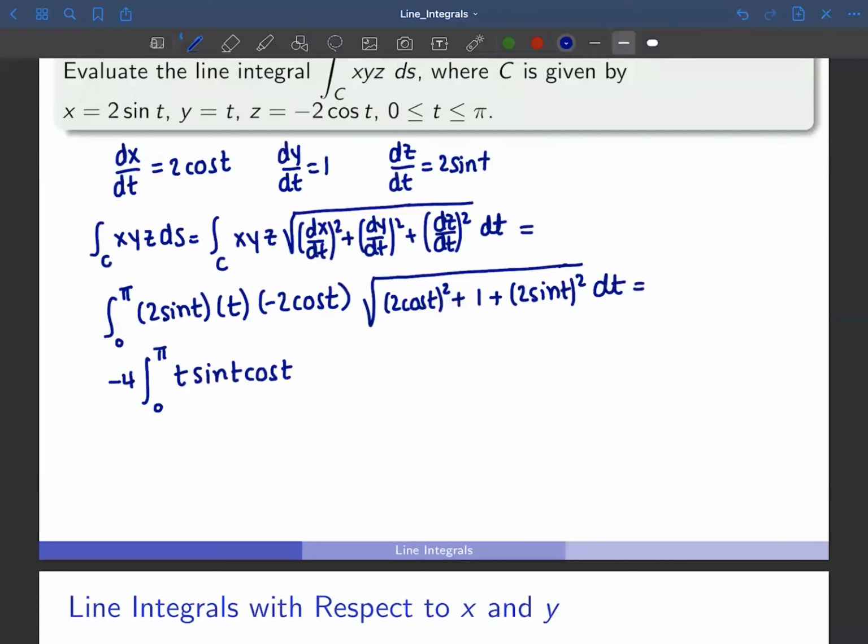From the square root, from the first and third terms, we have 4 times cosine squared t plus sine squared t, and then plus 1. That is equal to 4 plus 1, so the square root of 5, times dt.